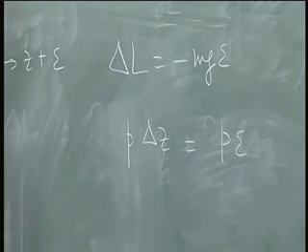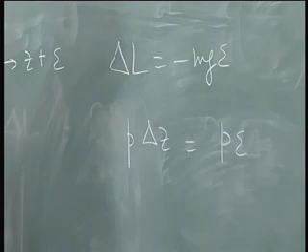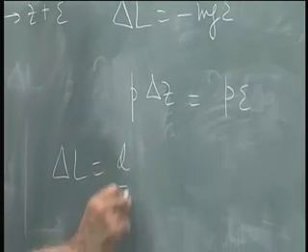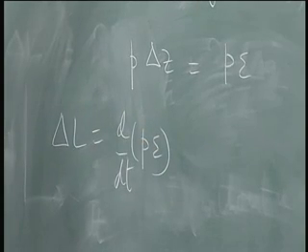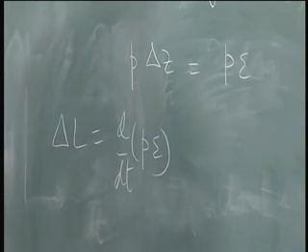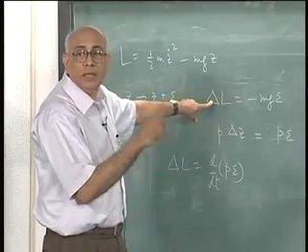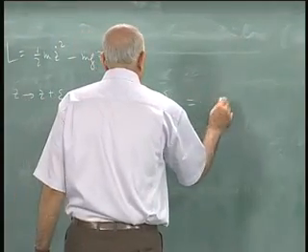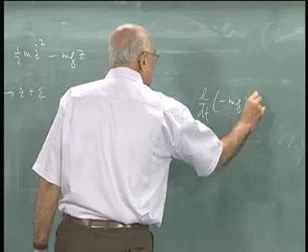So on the one hand the change in the Lagrangian must be equal to d over dt of p epsilon, by using the equations of motion or the Euler-Lagrange equation. But this must also be equal to this quantity here, which should be writable as a total time derivative, and that of course is completely trivial because I can write this as d over dt of minus mg epsilon t.